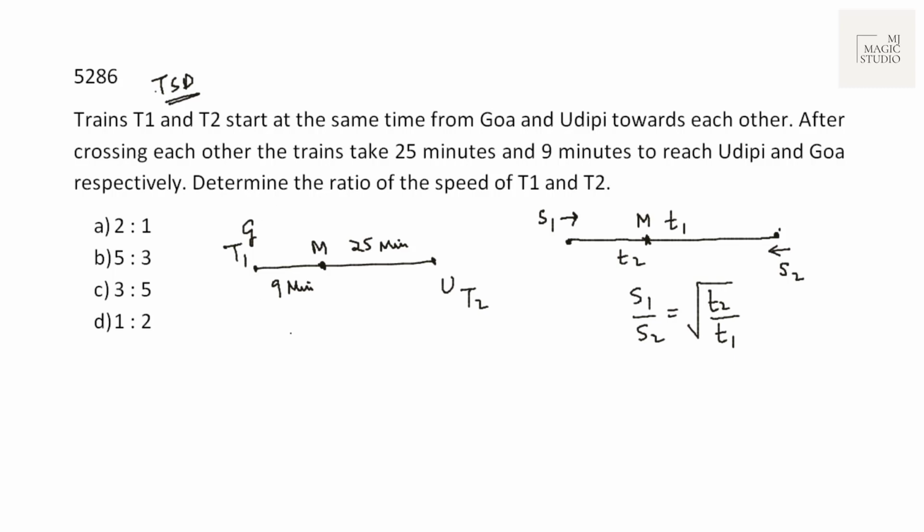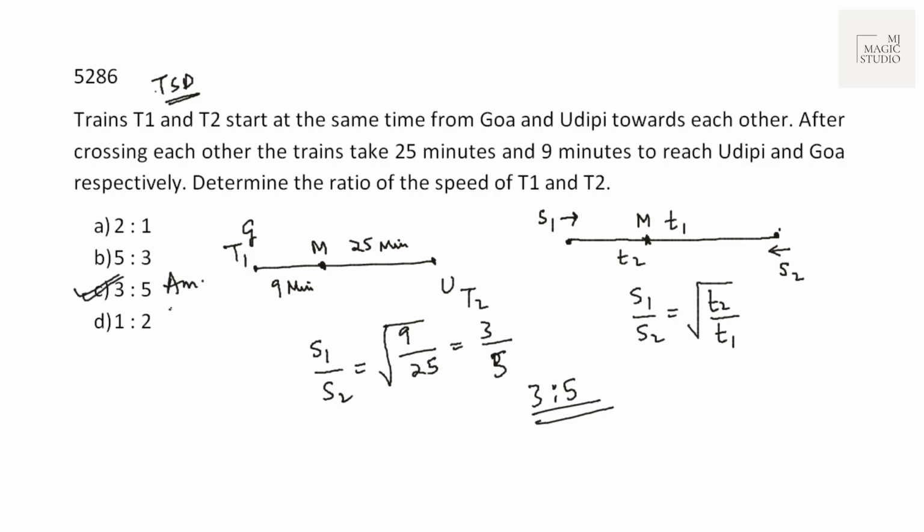Determine the ratio of speed of T1 and T2. So the ratio of speed of T1 and T2, that is S1 and S2, will be root over time taken by the second train, that is 9, and time taken by the first train, that is 25. This will be 3 by 5. Root 9 is 3, root 25 is 5. So speed ratio is 3:5. Option C is the pick.